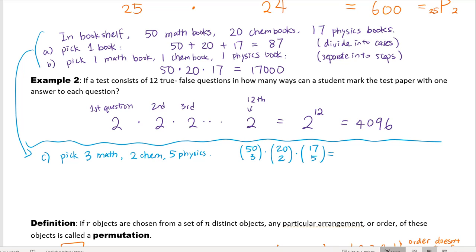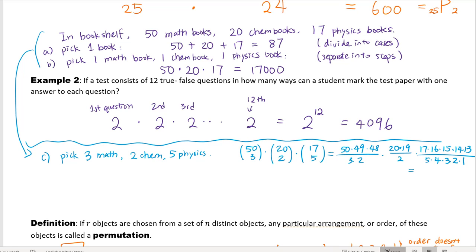So you can continue: 50 times 49 times 48 divided by 3, 2, 20 times 19 over 2, 17, 16, 15, 14, 13, 5 numbers, right? Over 5, 4, 3, 2, 1. So you can plug this in your calculator and check out what it is.